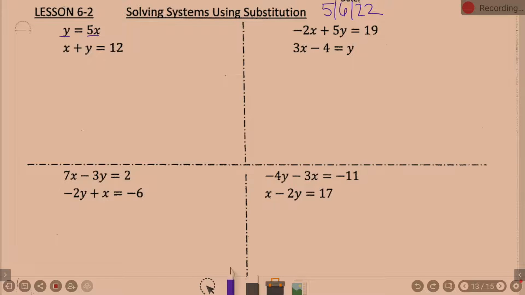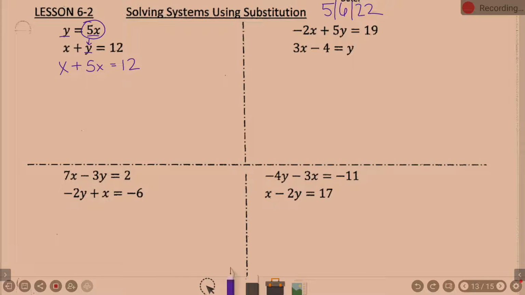Y equals 5x. So I'm going to rewrite this other equation. Instead of writing x plus y equals 12, I'm going to write x plus 5x equals 12. I took that y and replaced it with what it's equal to, which is 5x.